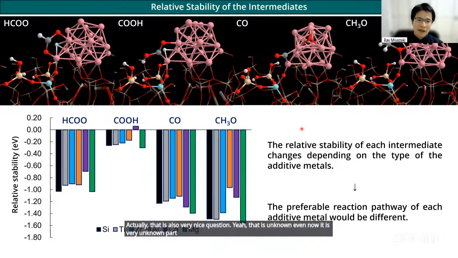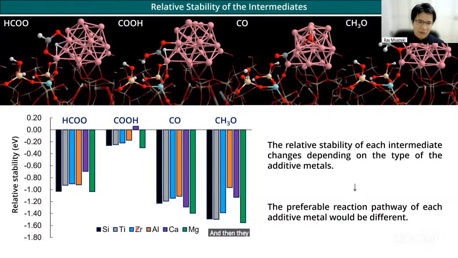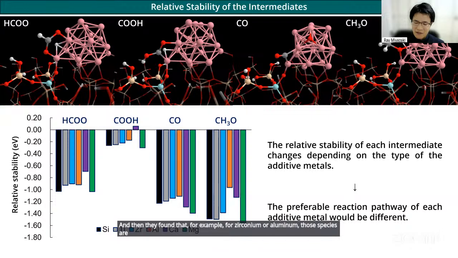My experimental collaborator mentioned that, particularly for the titanium case, they investigated the distribution of the titanium region at the silica support. They found that, for example, for zirconium or aluminum, those species are randomly dispersed at the silica.